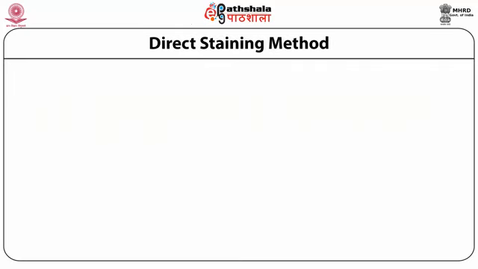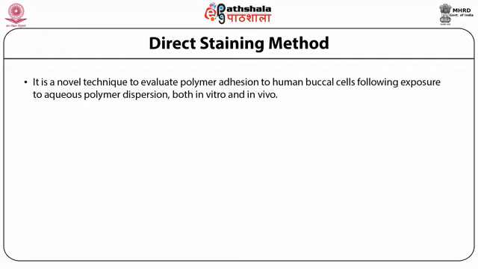The next method which can be employed is referred to as the direct staining method. It is primarily a novel technique which is used to evaluate polymer adhesion to human buccal cells following exposure to aqueous polymer dispersion, both in vitro and in vivo.